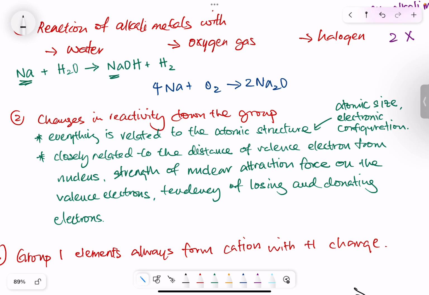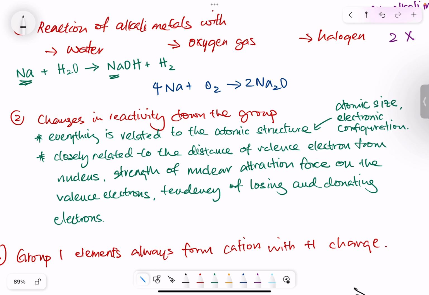Anything to do with valence electrons, such as the number of valence electrons and the distance of the valence electron from the nucleus, is going to affect the reaction greatly. As you can see, going down the group, our atomic size is going to increase. What is going to happen?